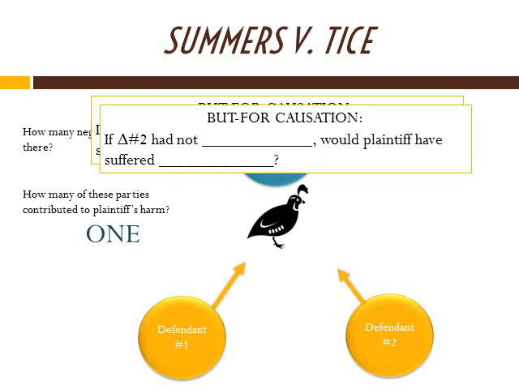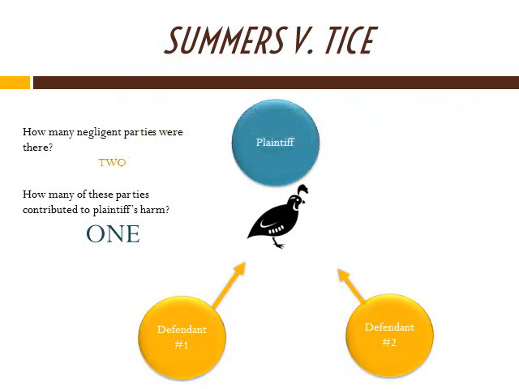And of course the other defendant can raise the same defense and say, you know what, you don't know if it was me or the other guy, it was only one of us, so you can't say more likely than not that it was him or me. 50-50 chance, so we both get off. The court did not want that to happen, so it came up with a rule called alternate liability.